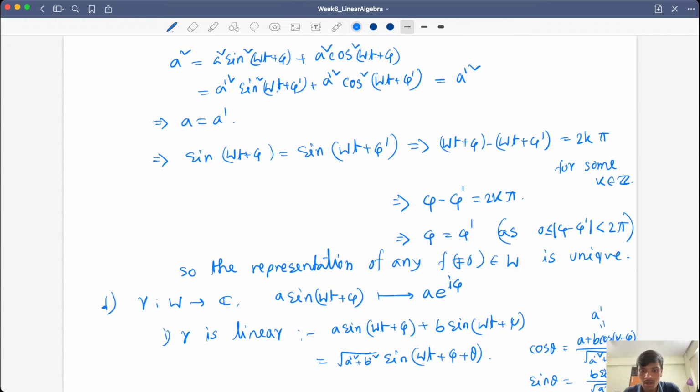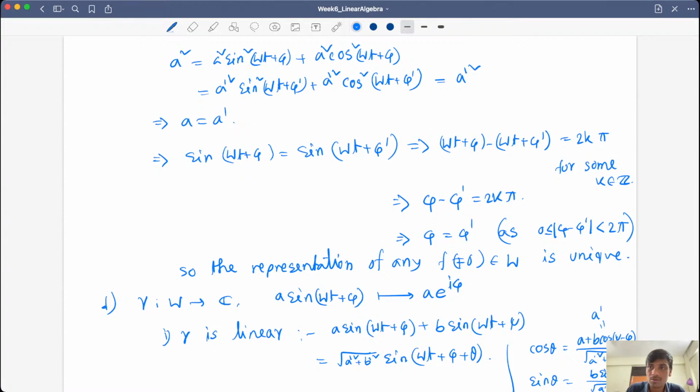Now, if I square and add a prime square and b prime square, this will give me a square plus 2ab cos psi minus phi plus b square, because b square cos square psi minus phi plus b square sine square gives me b square.